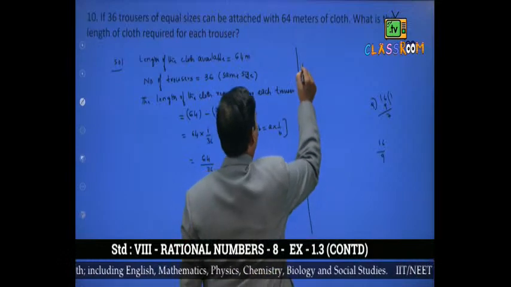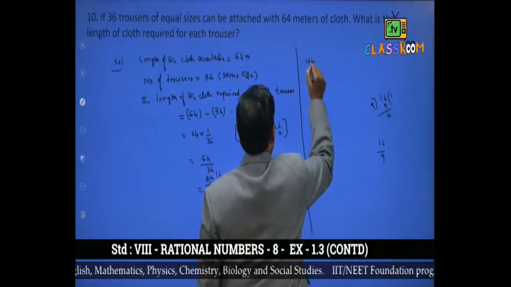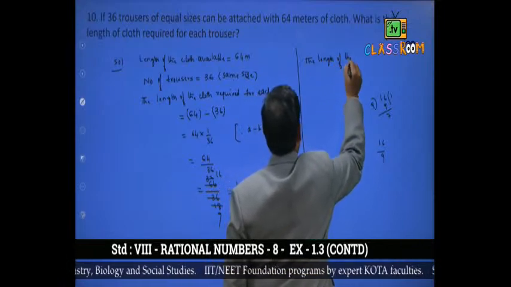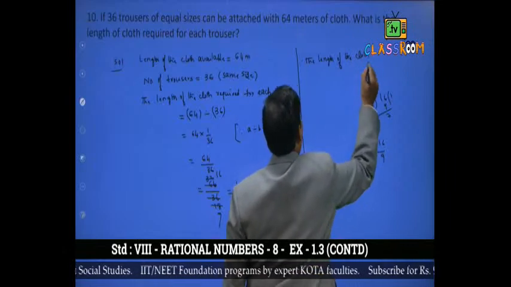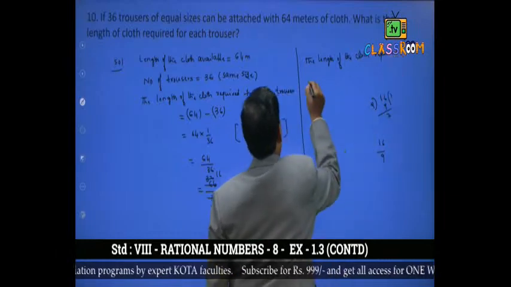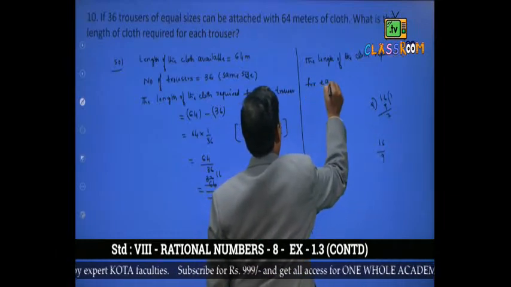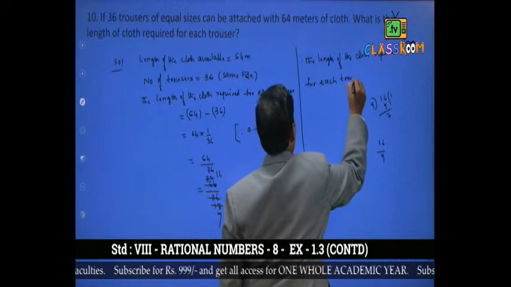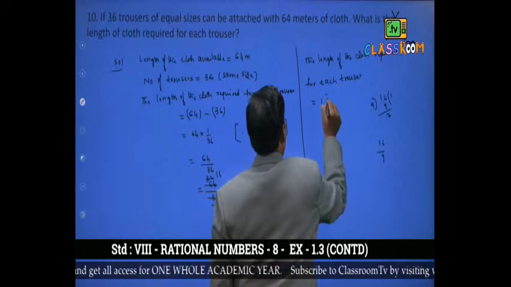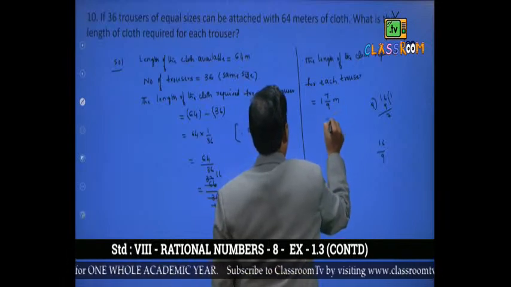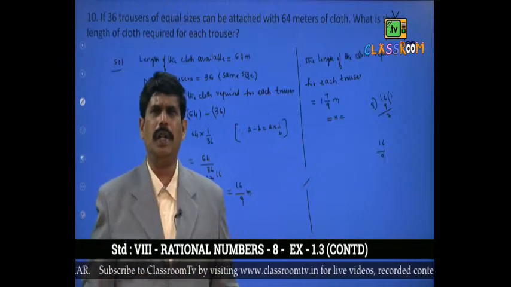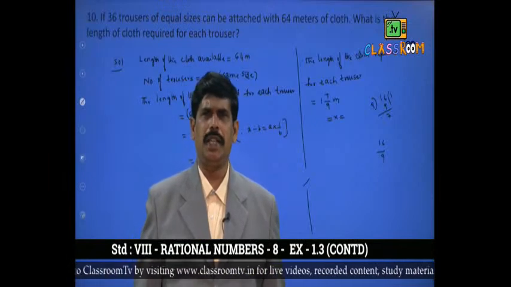So therefore the length of the cloth required for each trouser is equal to 1 7 by 9 meters. That is the sum. Same using our unitary method. Let us see the next problem, children.